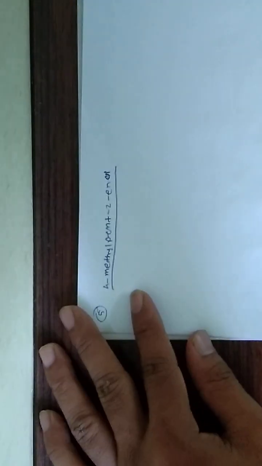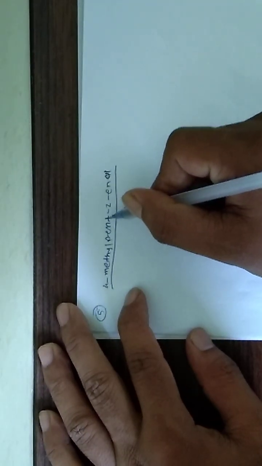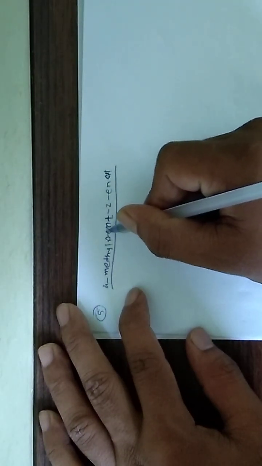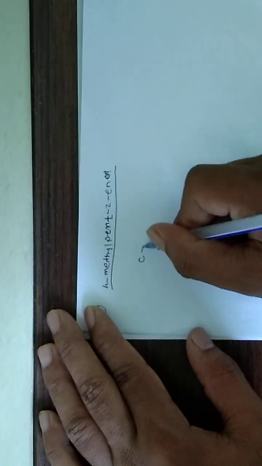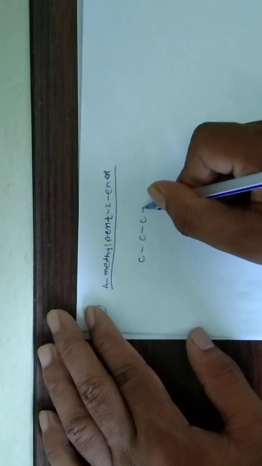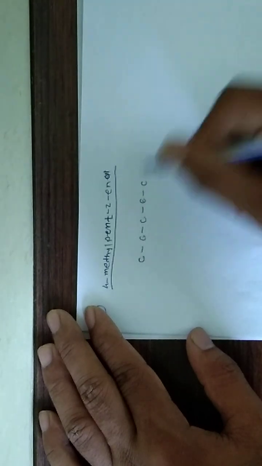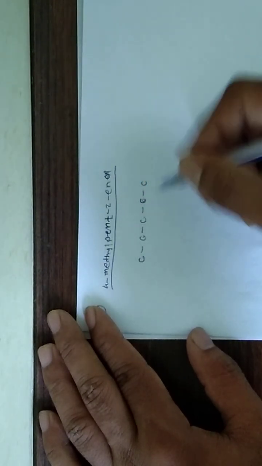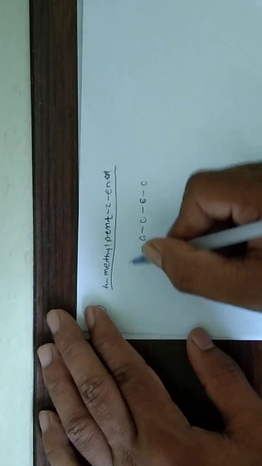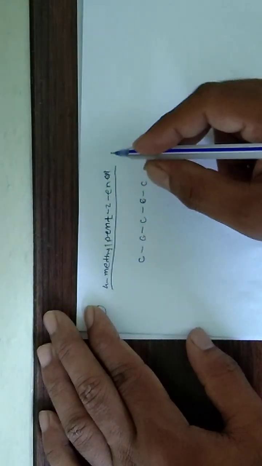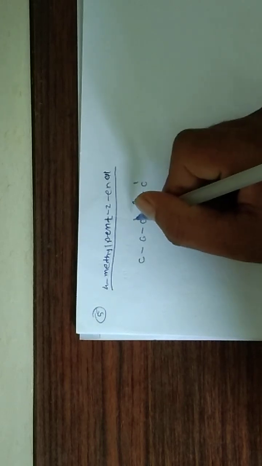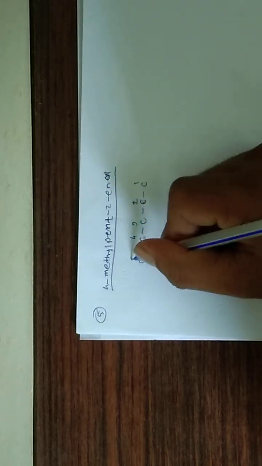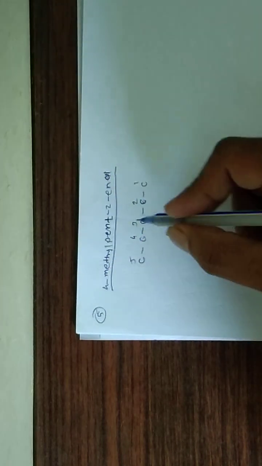So first, the basic point is pent. Pent means 5 carbons: 1, 2, 3, 4, 5 carbons are there. Now you can number from either the left or the right side. I am numbering from the right side: first, second, third, fourth, fifth. So on the fourth carbon, a methyl group is attached.